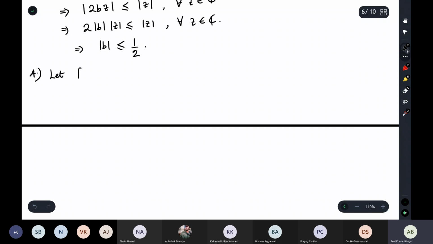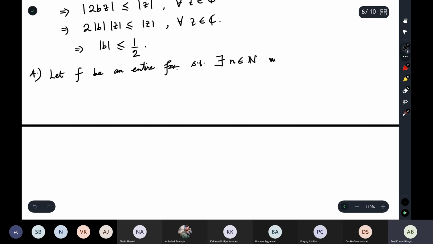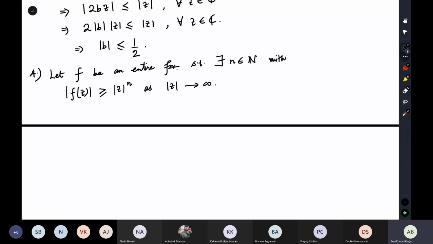Let f be an entire function, and what else is given, such that there is some natural number n with the property that modulus of f(z) is greater or equal to modulus of z to the power n as mod z tends to infinity. Show that f is a polynomial of degree n.